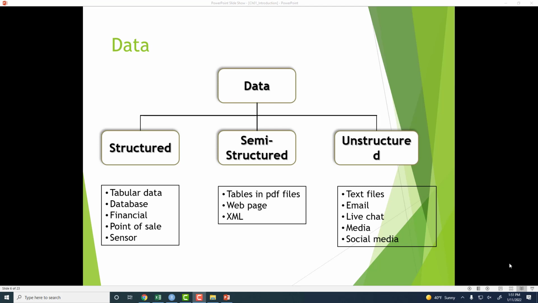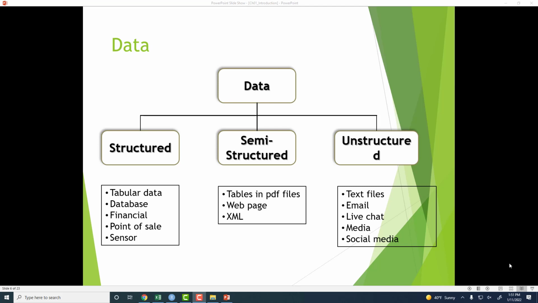So structured data will be one where data is well tabulated. You have one column for each variable, and each row is an observation containing values for each column, and so on. So like a database. A database has lots of tables, and they are linked together, and so on and so forth. Some of you may have already taken the database class, and you know the database. So that would be a case of structured data.